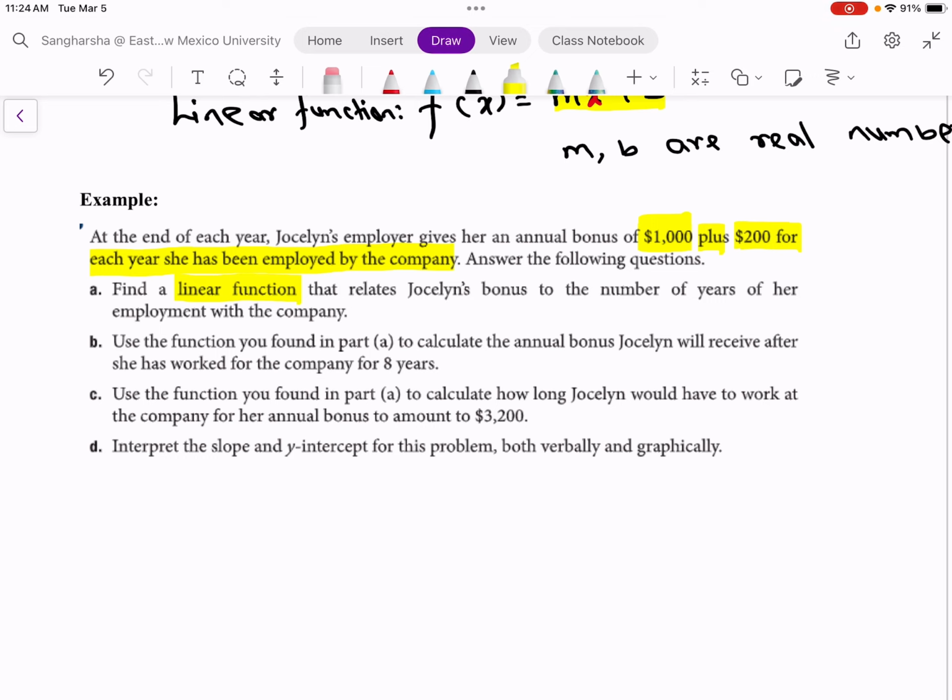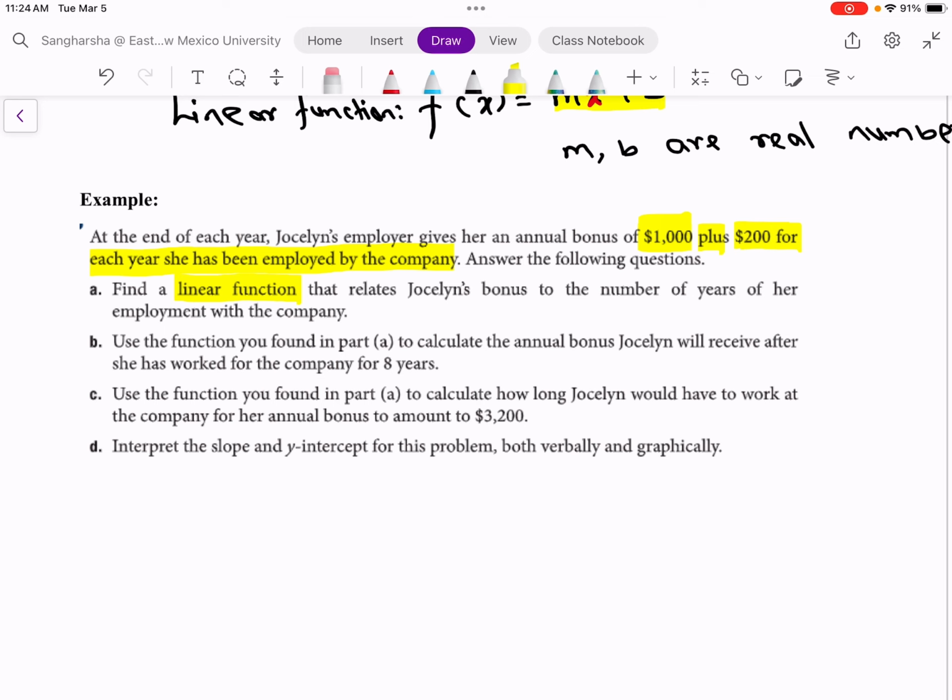Now in this case, what would be the input? What are we going to use as an input? Input is a variable. So what variable do you want to use as a domain? Is your bonus input or output?